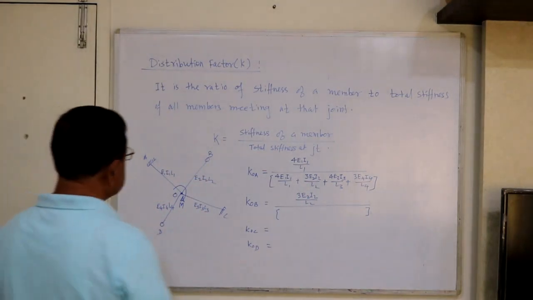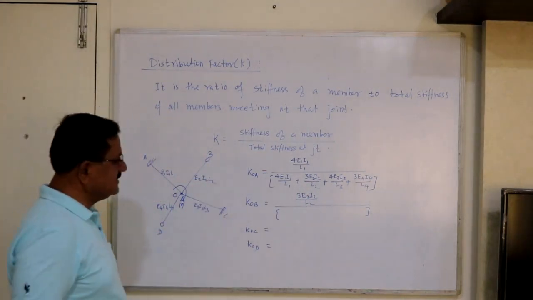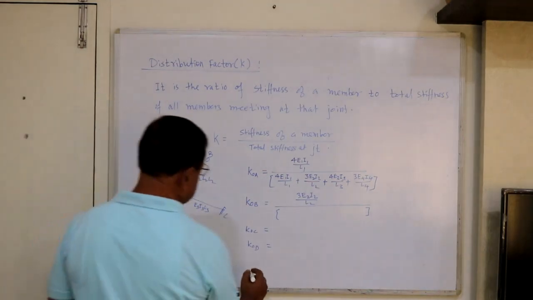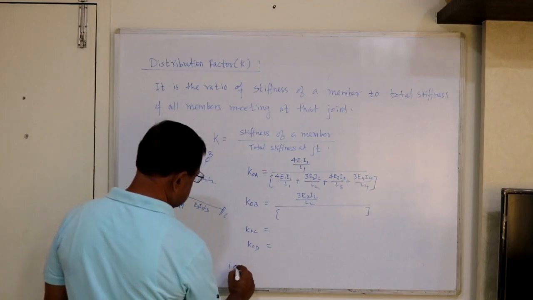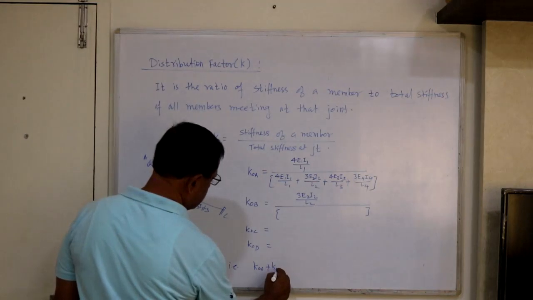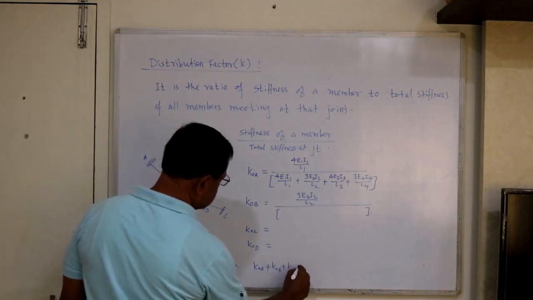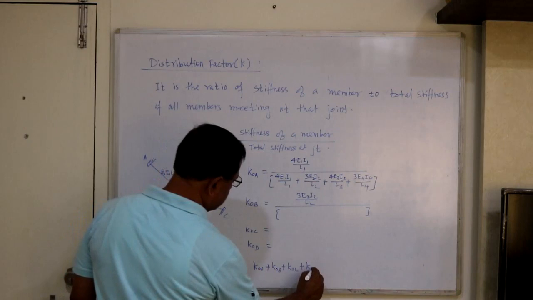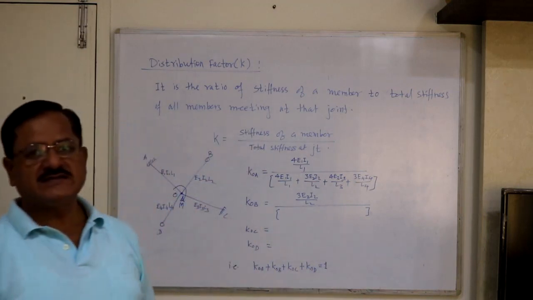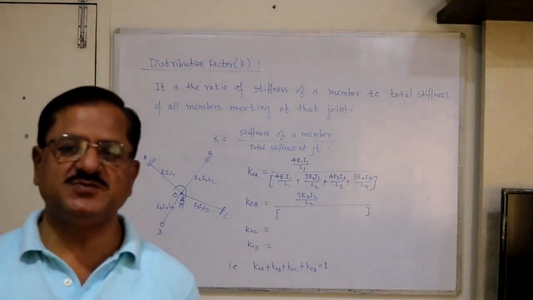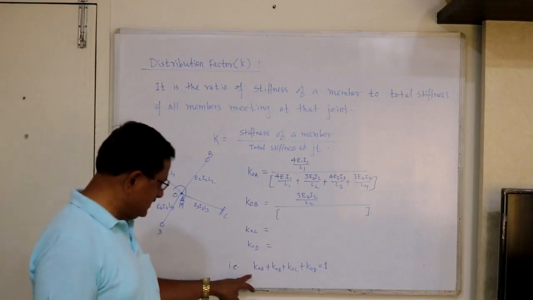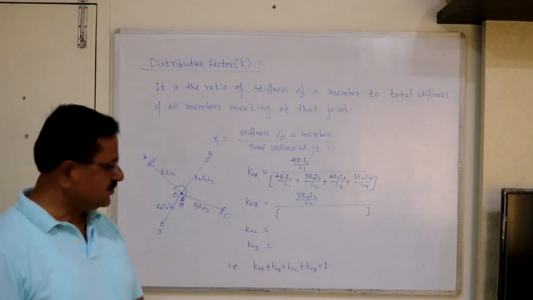And remember, the sum of the distribution factors must be 1. That is KOA plus KOB plus KOC plus KOD is equal to 1. It means at the joint, the sum of the distribution factors must be equal to 1.